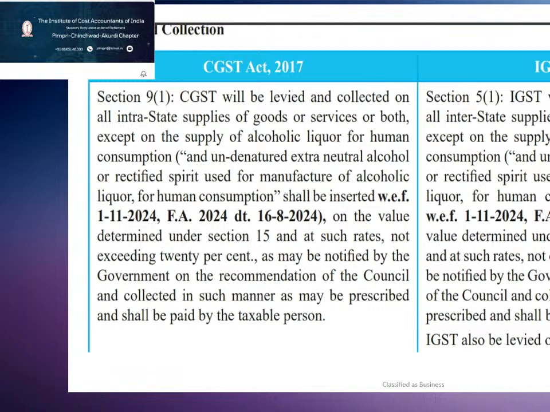We first need to find out the aggregate turnover, then see whether it falls under the prescribed limit or not. So the value of taxable outward supplies is all taxable supplies including interstate. We will have to see the definition of aggregate turnover. Okay.